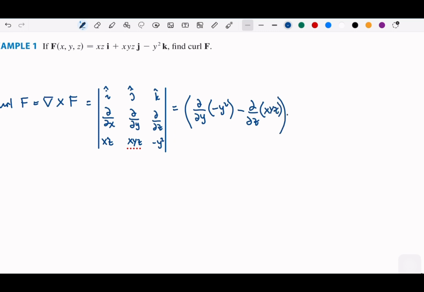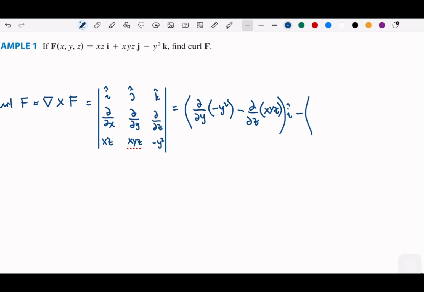Okay, and then this is for i. And then I will just directly compute the determinant. So for j, let me just put a minus. Or if you want to write the formula directly, you could do that, but I prefer the determinant because I believe it will be easier to compute, rather than taking the formula and memorizing it.